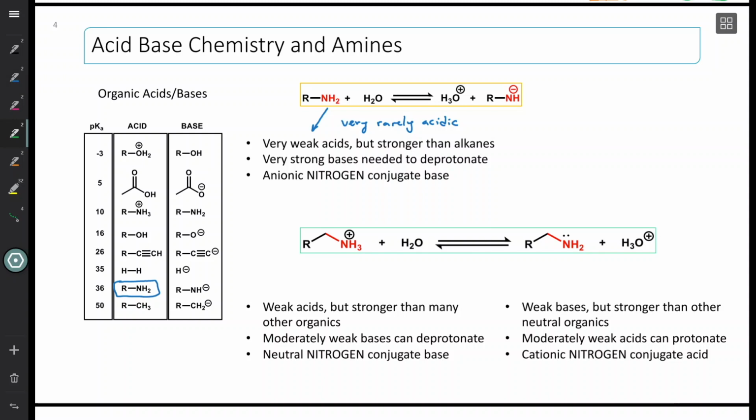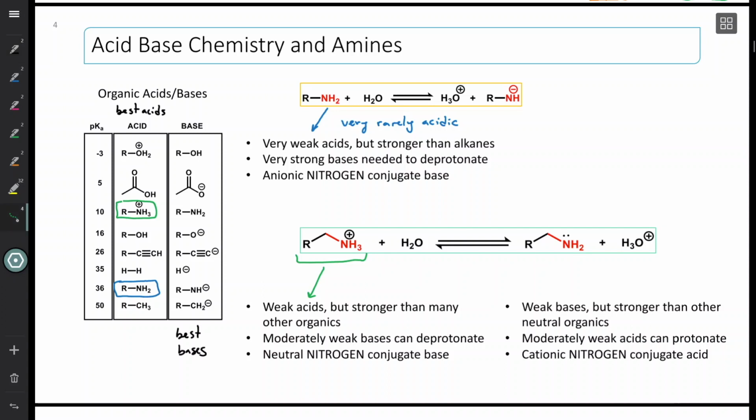But they are, so this is a protonated amine, and that's actually okay. It's a weak acid, but it's stronger than many organics. Here it is up here. So the best acids are here, and the best bases are down here, right?